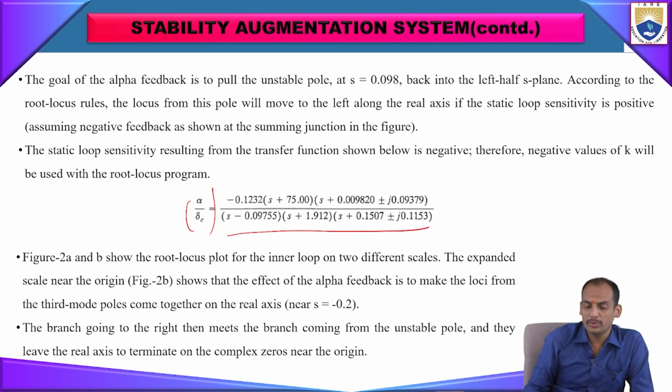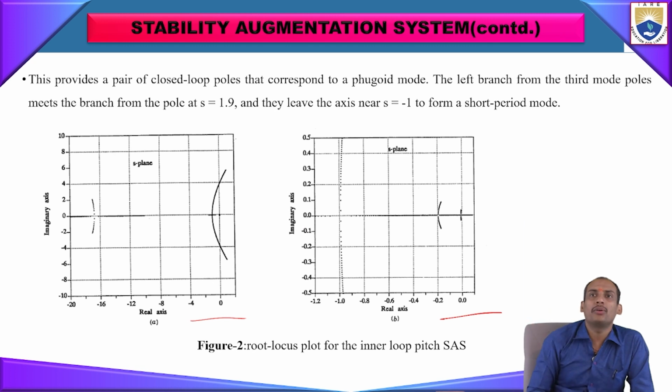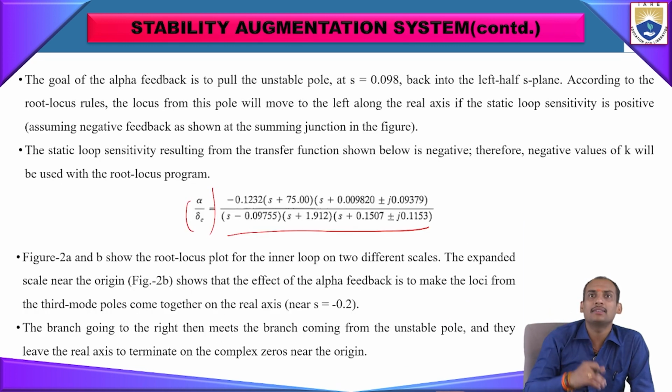These two root locus plots we got by using this transfer function: alpha by delta E equals 0.1232 into s plus 75 into s plus 0.009820 plus or minus j into 0.09379, divided by s minus 0.09755 into s plus 1.912 into s plus 0.1507 plus or minus j into 0.1153. This transfer function will give you the values after solving it with Laplace transform.